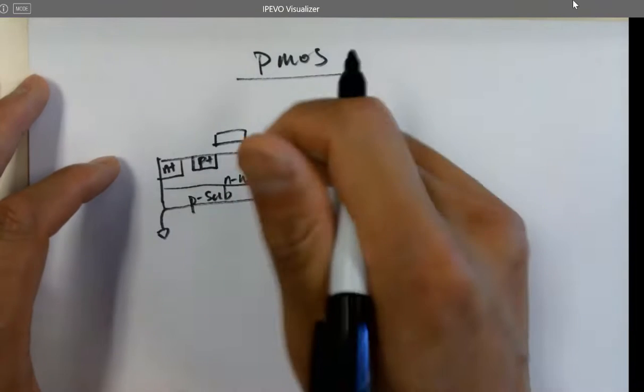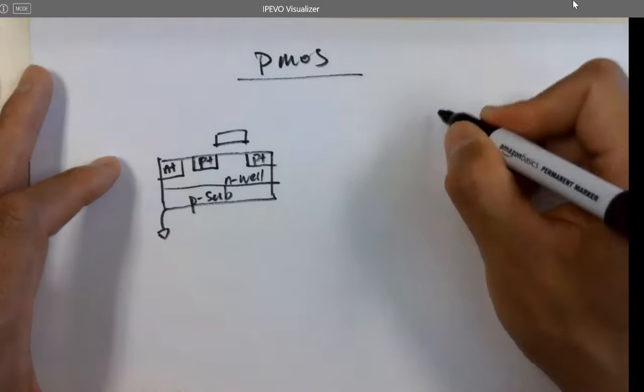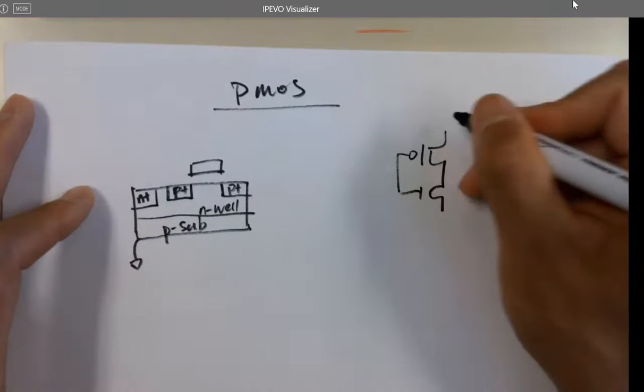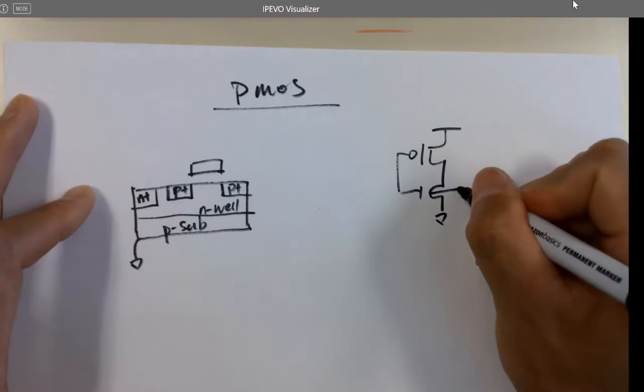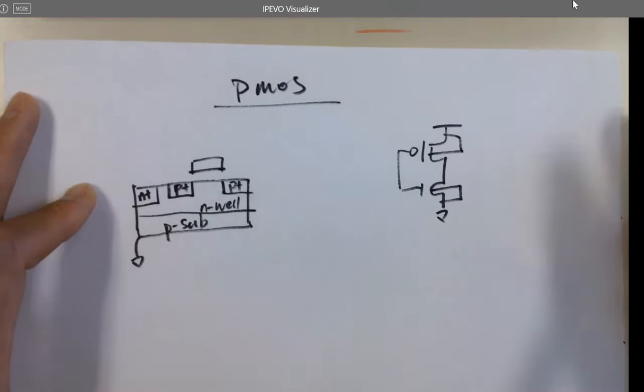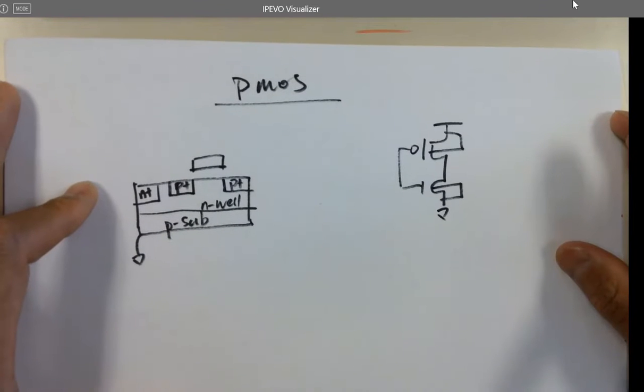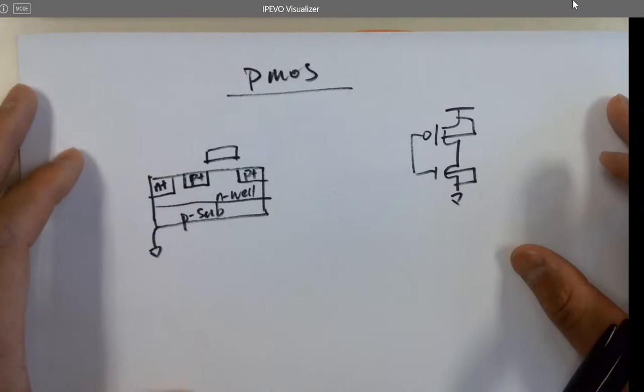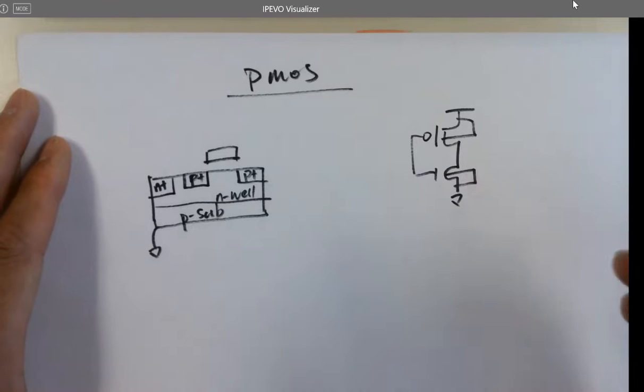It's a PMOS, keep in mind. If you look at the inverter circuit, short the two gates. Here's the body. That's how you do it. So the body of the PMOS is shorted to where? To the voltage? To what voltage?